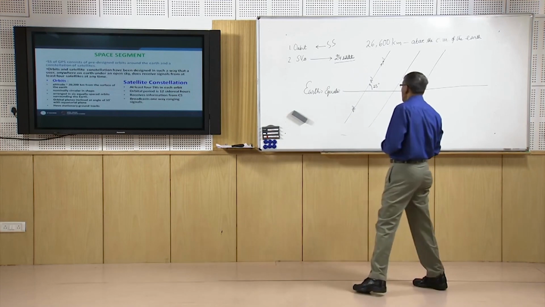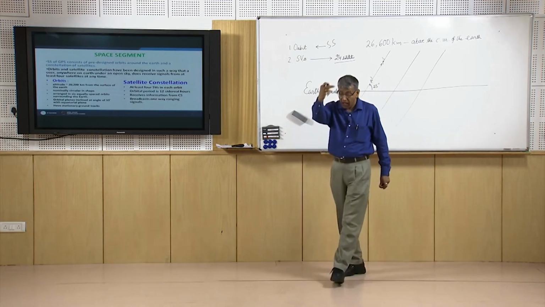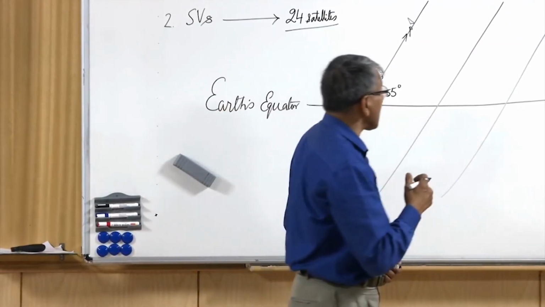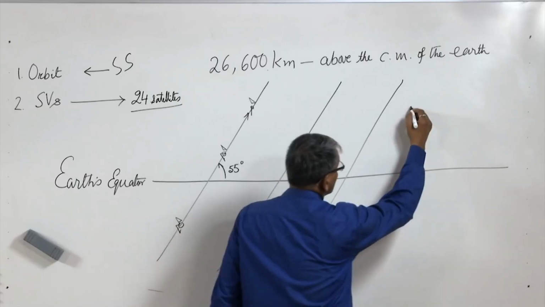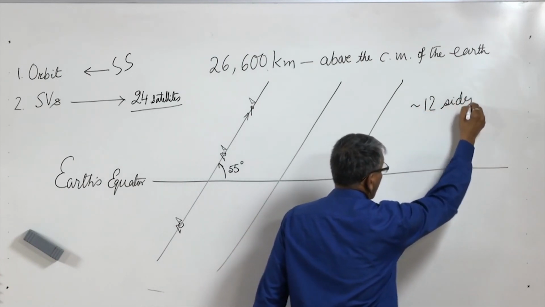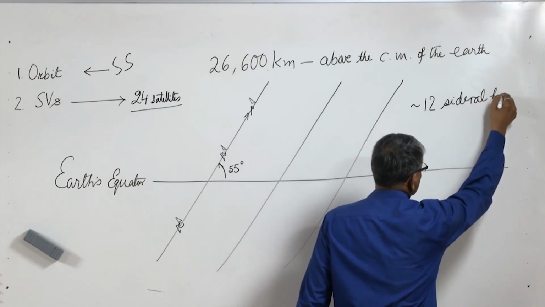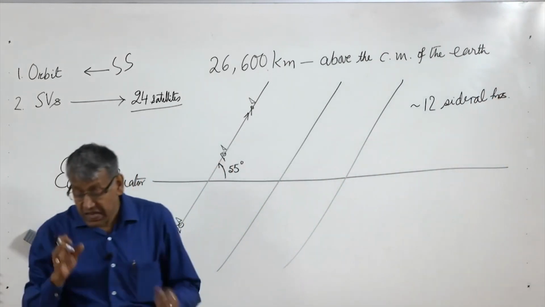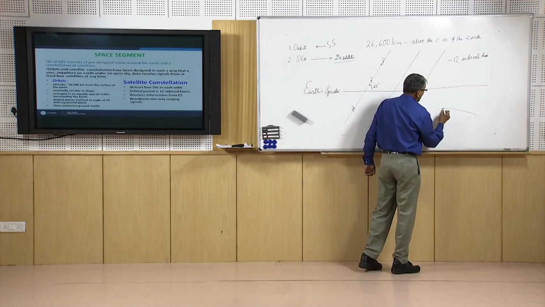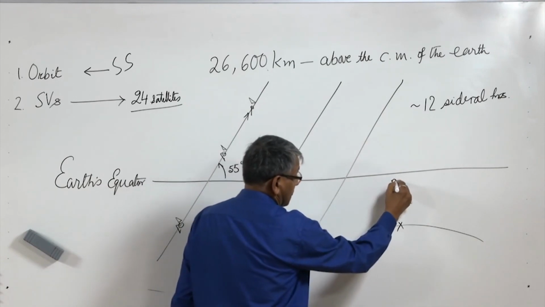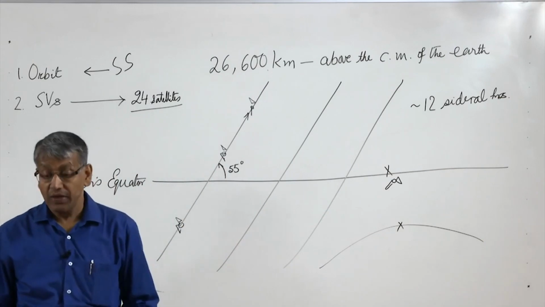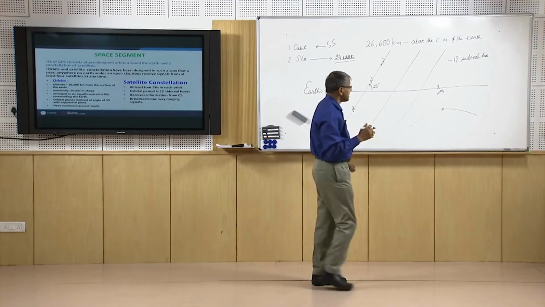These satellites revolve around the earth, and the orbital period is 12 sidereal hours. So the same satellite X will visit any place 2 times in a sidereal day.